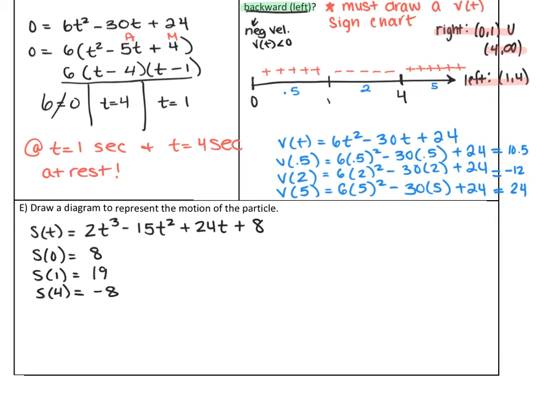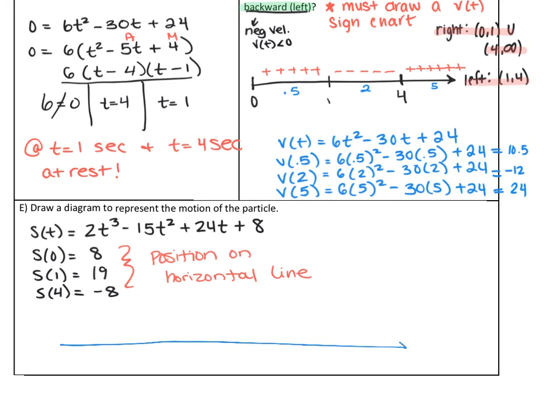So what you just found, these values, are your position on the horizontal line. So if we draw that horizontal line right along here, we're going to put these 3 values on that line because those are the positions on the horizontal line.